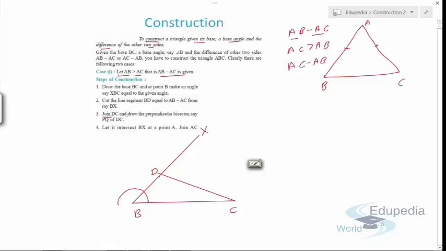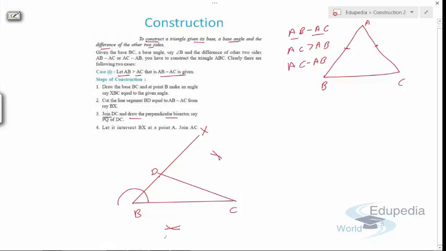Now the next step is to draw the perpendicular bisector of DC. How do we draw a perpendicular bisector? We open the compass more than half. From point C we make an arc like this and one arc like this, and then from point D we make another arc like this and another arc like this, right?